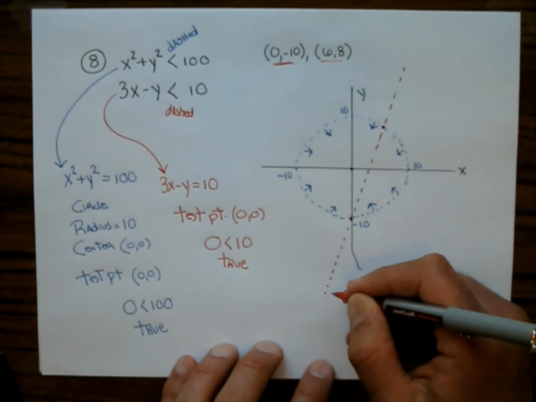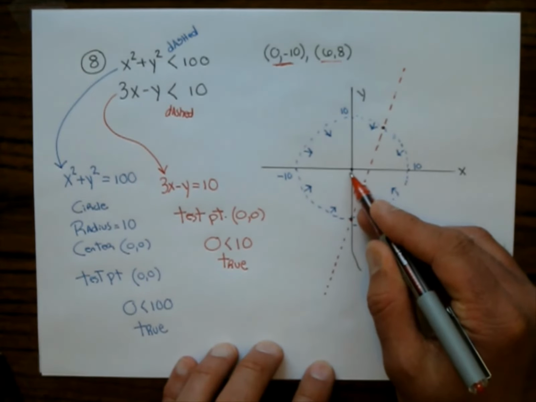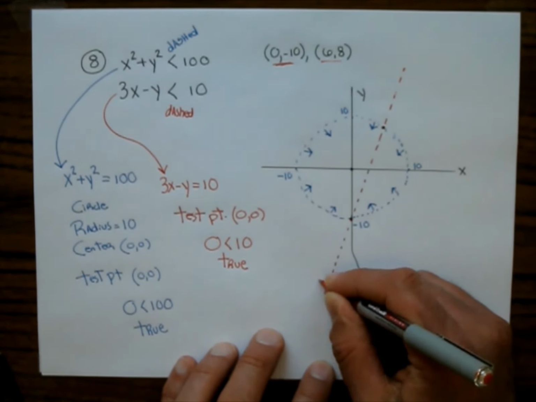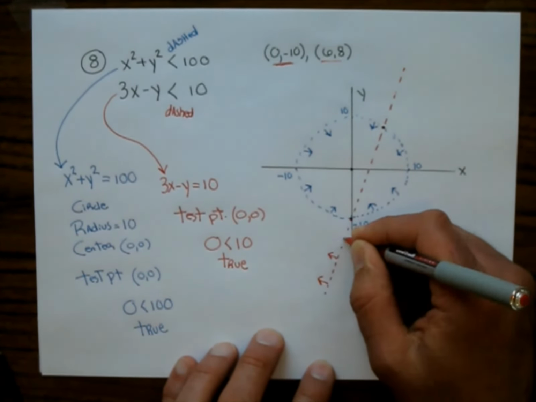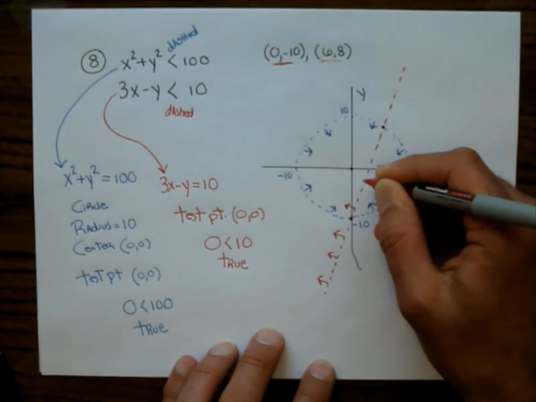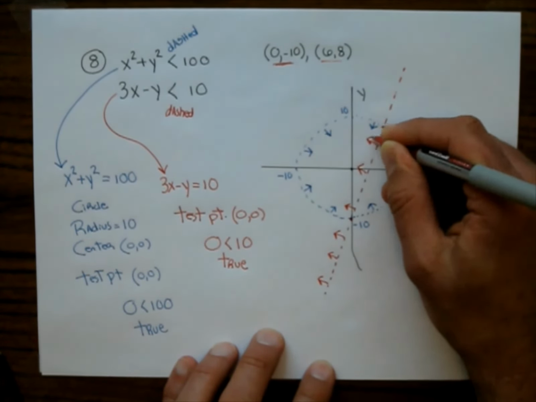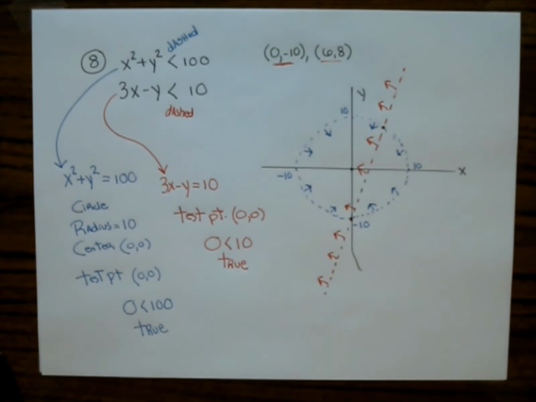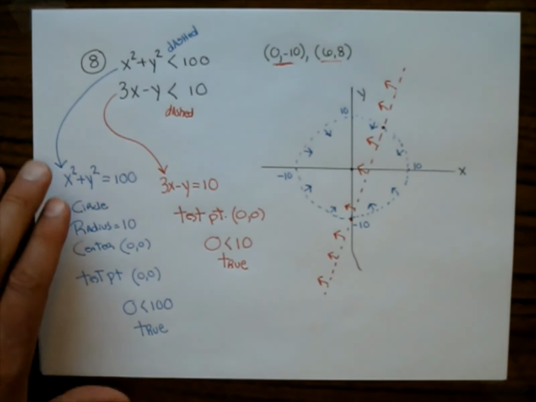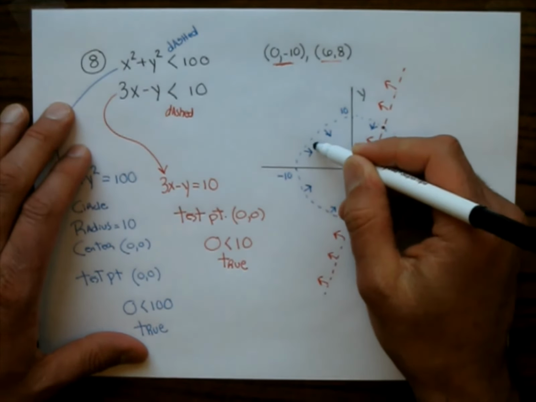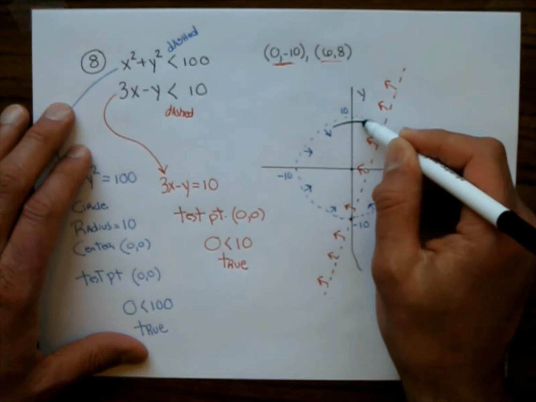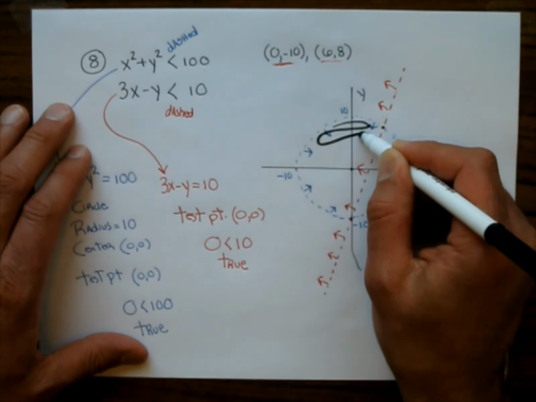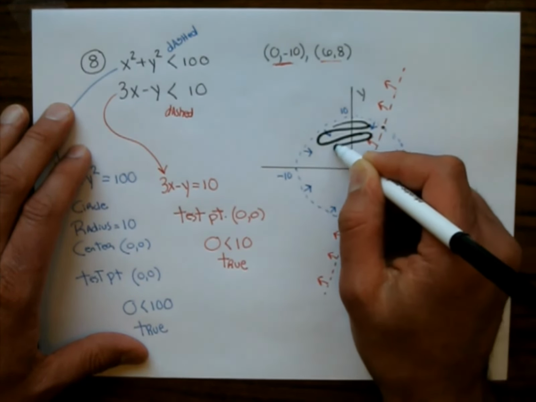That tells me that the shading is going to go toward our test point (0, 0). And it looks like this. So we ask ourselves, where are all the little arrows pointing? They're pointing inside the circle and to the left of the line. And so the shading is where all the arrows are pointing, which happens to be this region right here.